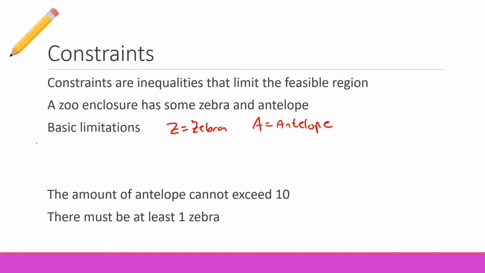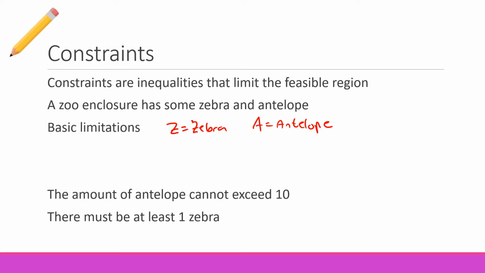Now, the first limitation is that you can't have negative zebras. Your enclosure can have 0 zebras, it can have 20 zebras, but you can't have -5 zebras.